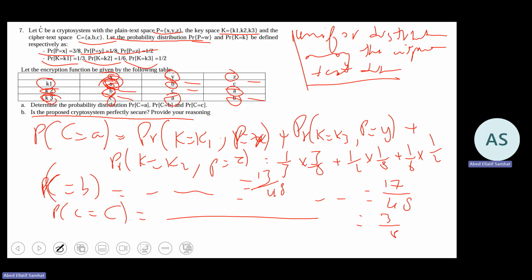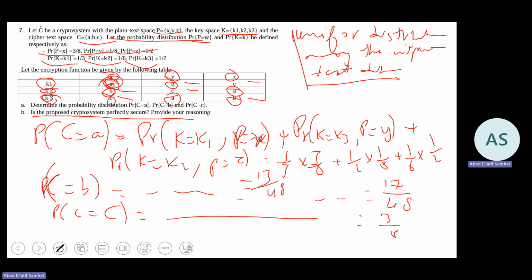In this case, we don't have a uniform distribution because the probability of a ciphertext of type B is bigger than that of type A and type C. That's why this system does not provide perfect security. It's not a perfectly secure system.